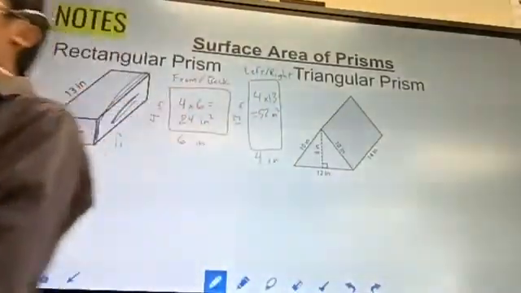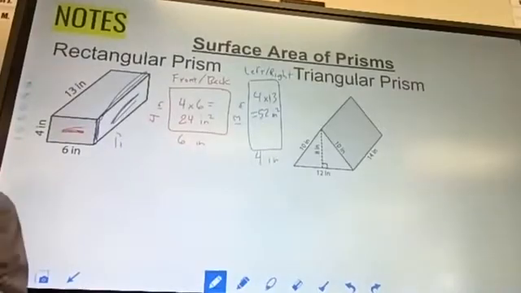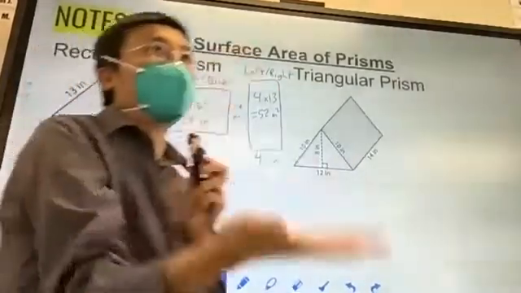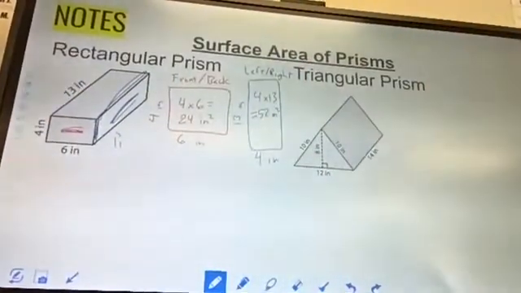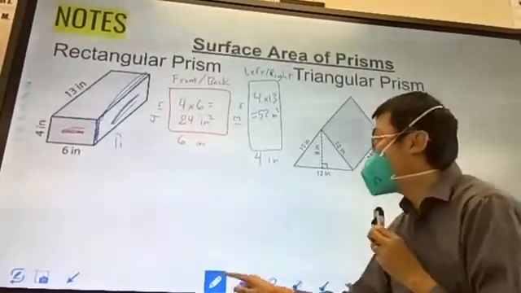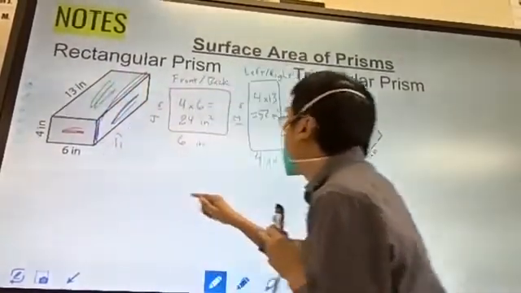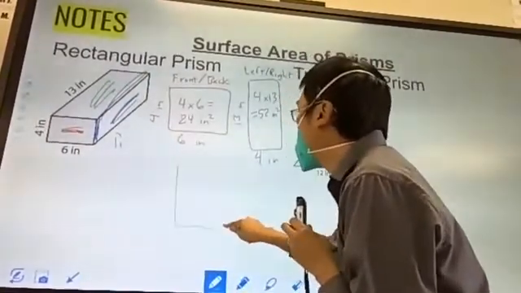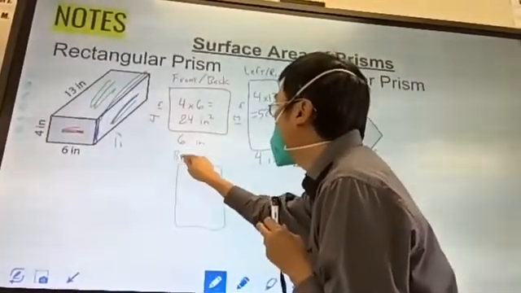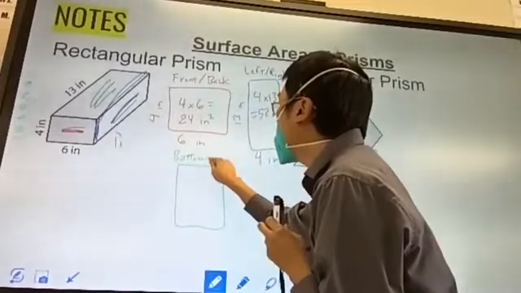So we have the front, the back, left, and right. Now we just need the bottom and the top. So I'm going to make that in green. Bottom, top.